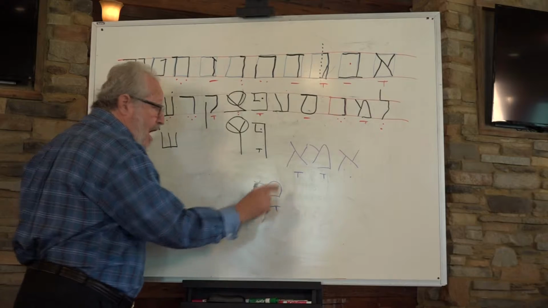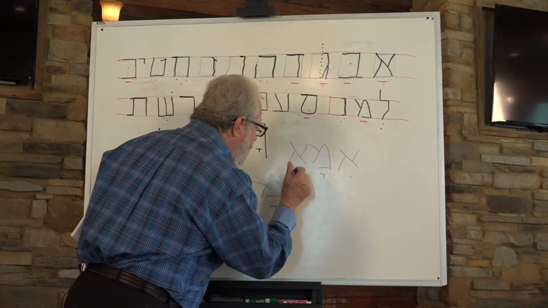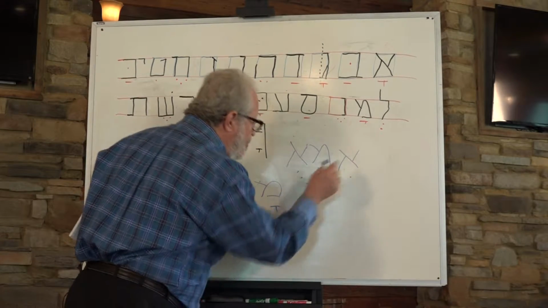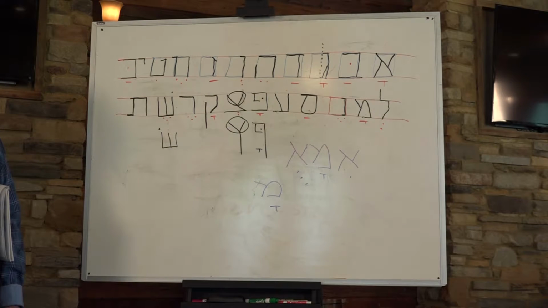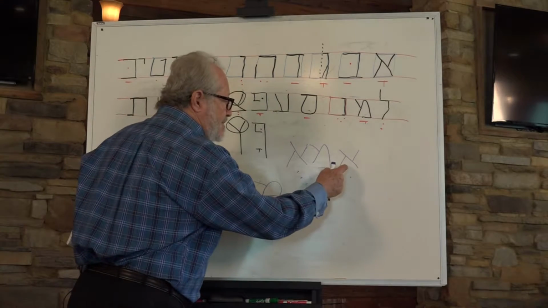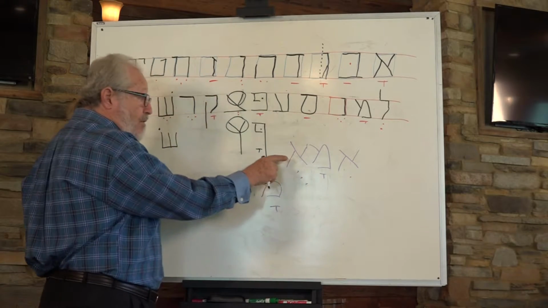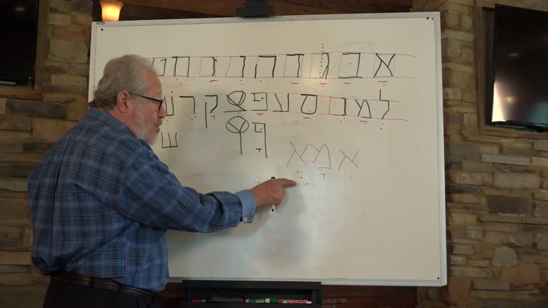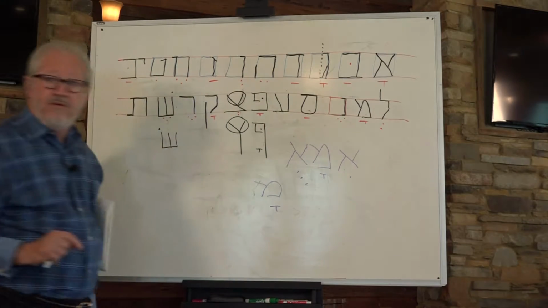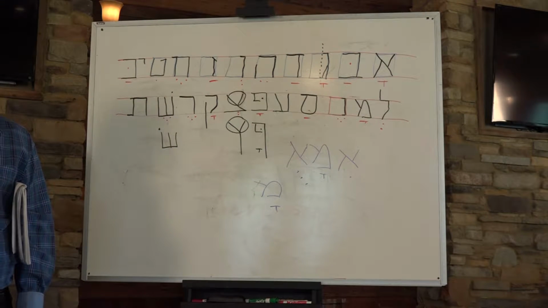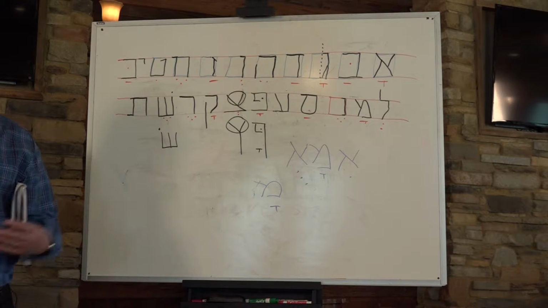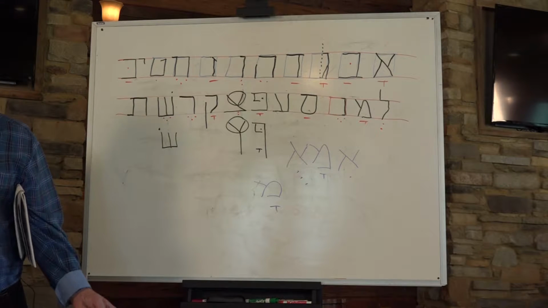It's an A. How about, what is this now? What's this word? Ima'u. Let's do it again. 2 responsibilities. E. Ma. What's here? What's that? U. So we have Ima'u. Right? That's how simple it is. Know the letter and know the vowel. You're reading Hebrew.